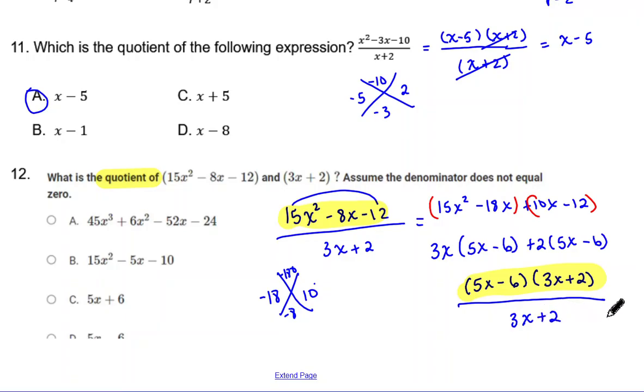And now, if you notice, you see the same factor, right? This one right here. You see the same factor in the numerator. So guess what? We get to just cancel those factors out because they're written in factored form. And so all I have remaining is 5x minus 6. It didn't get copied on here, but it'll be on your paper. But that's the 5x minus 6 right there.